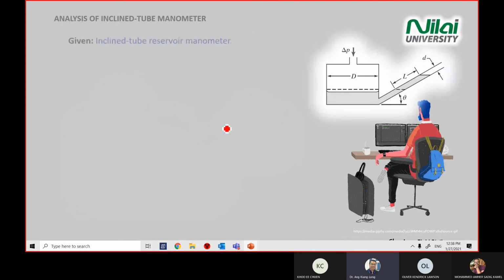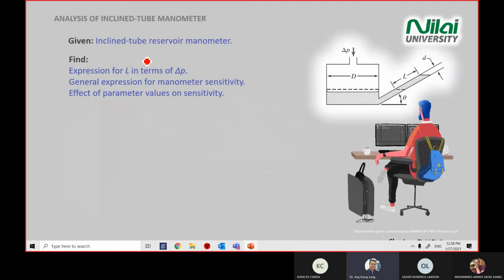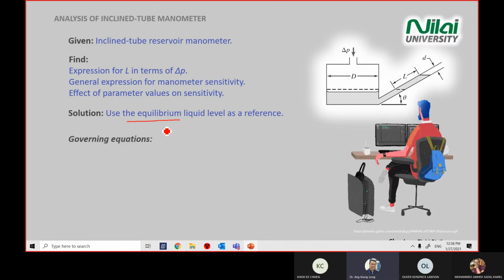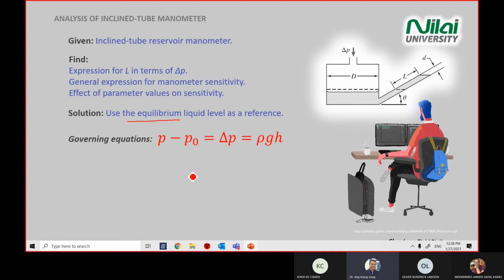Now we continue to solve. So we need to express our L in terms of delta P, and we apply equilibrium for our reference. Again, we are using the only equation we learned today: delta P equal to rho gh, and SG equal to rho divided by rho water.